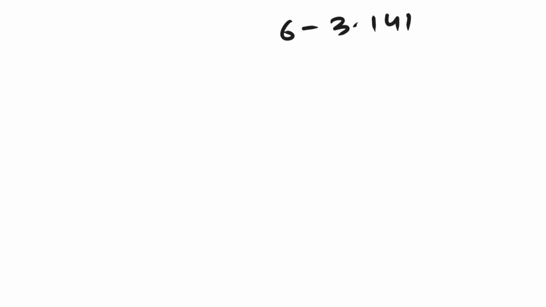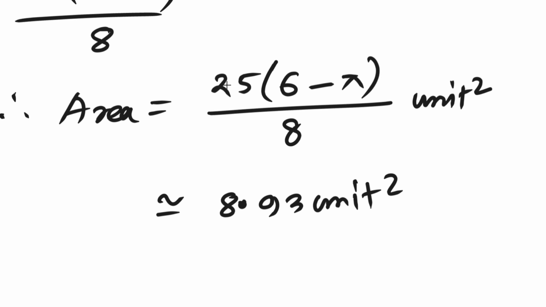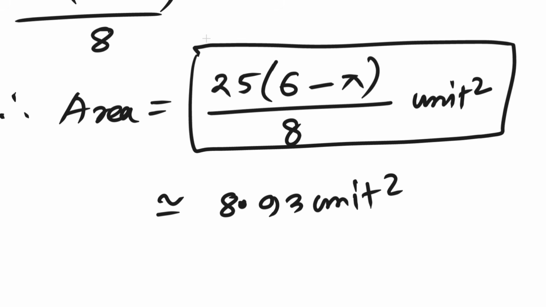So our final answer is approximately 8.93 square units, while the exact answer is 25 multiplied by the quantity 6 minus pi divided by 8 square units.